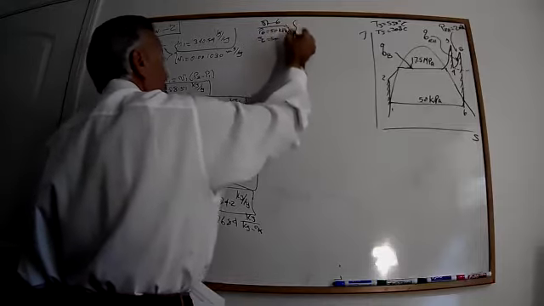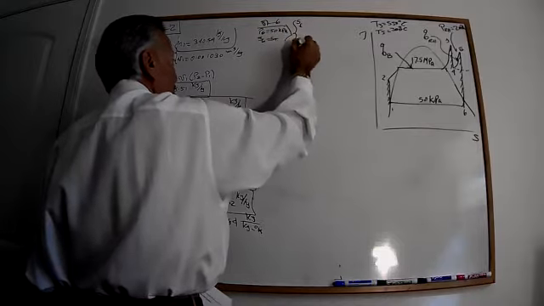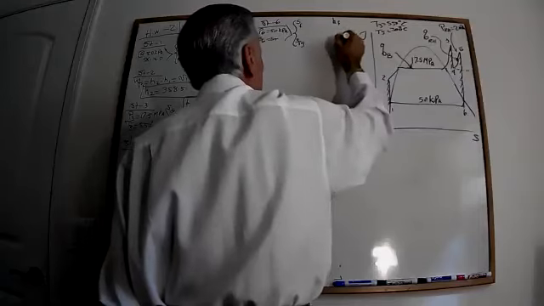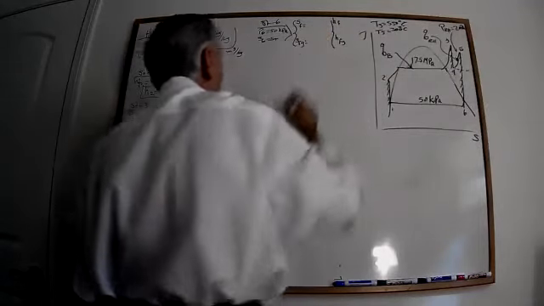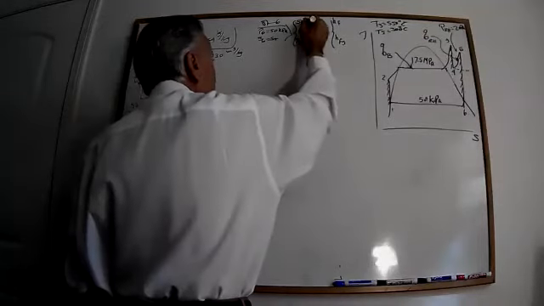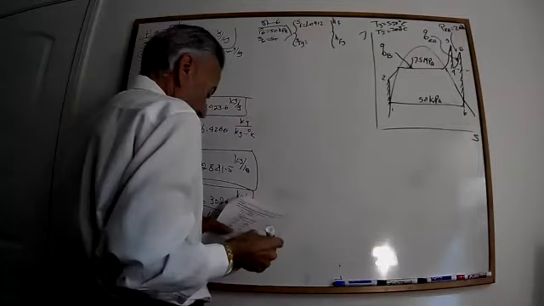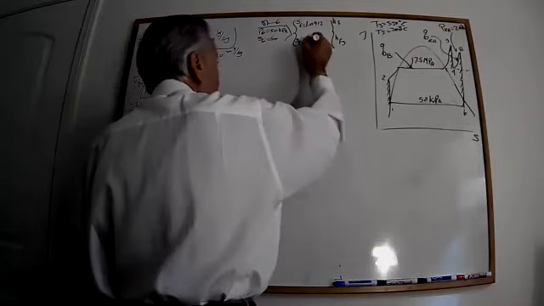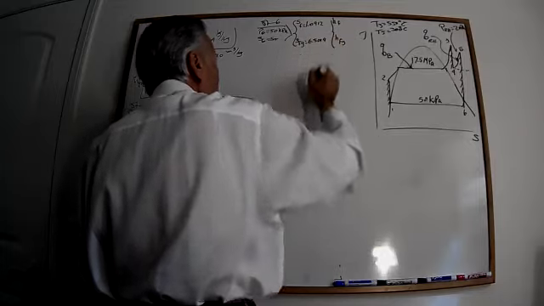Now, go to the saturated table and find the following values. The value of S of F is 1.0912, and S of FG is 6.5019.